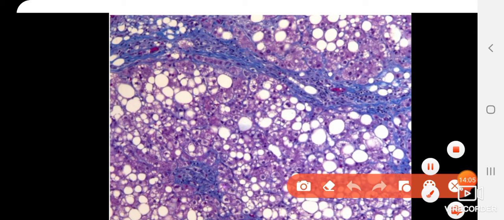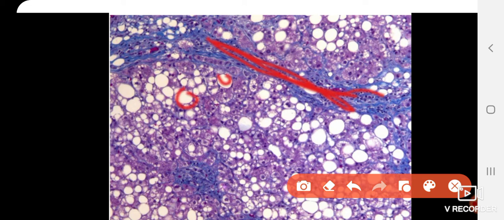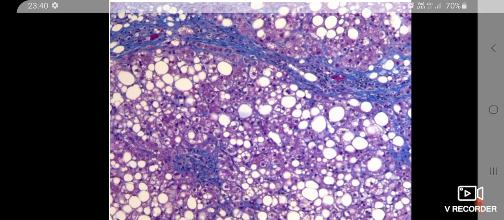As I told you, in the early stage you will see only these collagen fibers, all stained blue. These empty spaces are nothing but fat vacuoles or microvesicular steatosis of liver, which you will read in detail later on. So these blue areas are Masson's trichrome staining the collagen.